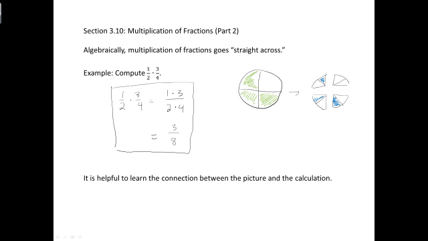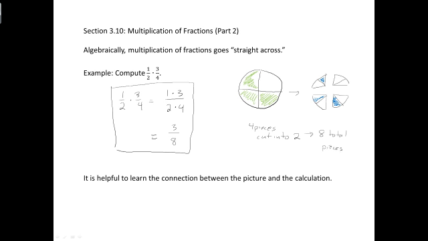So when we think about multiplying straight across, where do each of these pieces come from? Well, the total number of pieces, 2 times 4, comes from the fact that we started with 4 pieces and we cut each in half. Cut into 2. This leads to 8 total pieces.